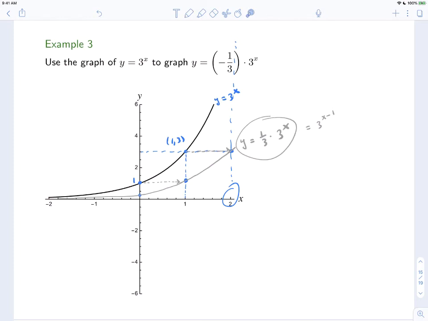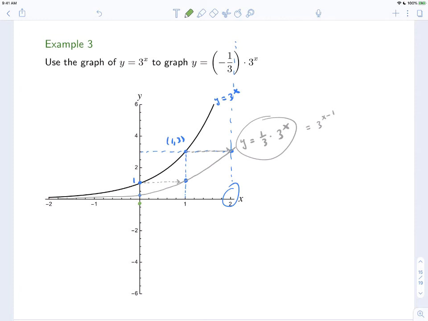But what we actually want is minus 1/3 times 3 to the x. So I need to put a minus sign in front of this, but that just means reflecting everything through the x-axis. So instead of having this graph, we're going to have the same thing but down here. So let's just reflect all of these points, for example. First we reflect the y-intercept, which gives us this point.